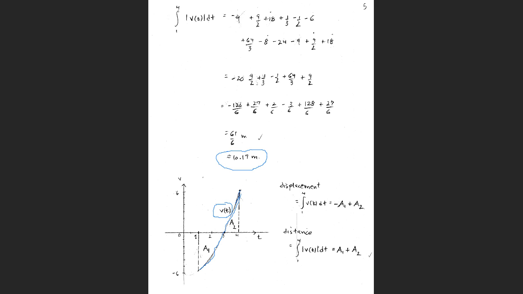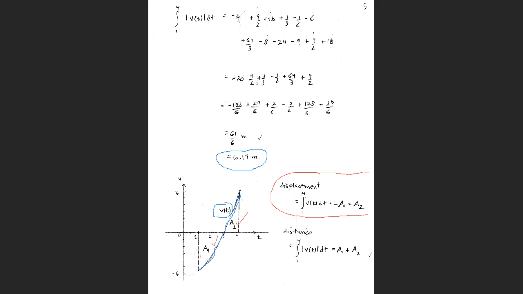On the graph, I've drawn an area A1 and an area A2, right? And so the displacement is just going to be negative A1 plus A2, because that area A1 is negative area. So we have negative A1 plus A2.